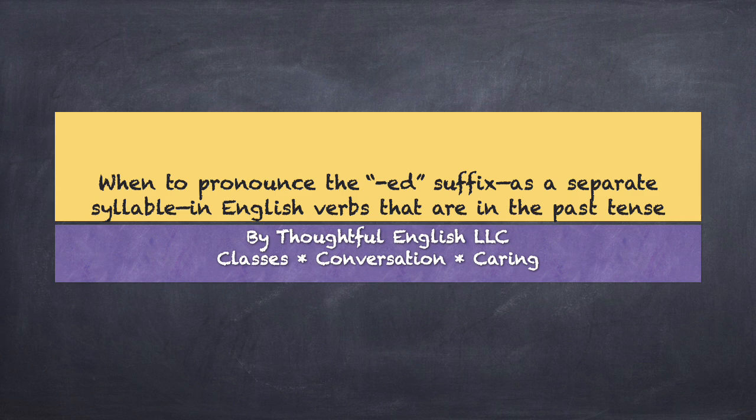However, some of those students feel like they must pronounce the ed as a separate syllable or sound every time it appears at the end of a verb in English. But that's just not the case.